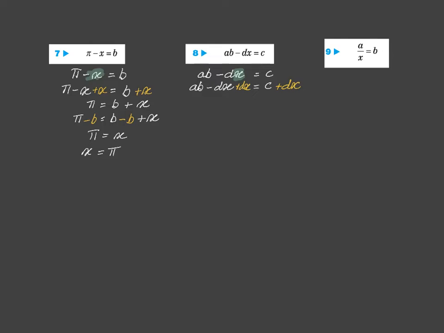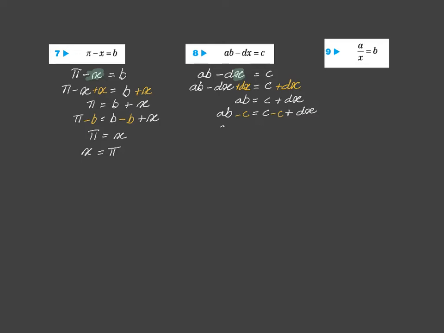On the left our result is ab minus dx plus dx, which will just give me ab, is equal to c plus dx. Now the c term needs to go from this side, so we're going to subtract it from both sides. On the left it's ab minus c, on the right c minus c plus dx.